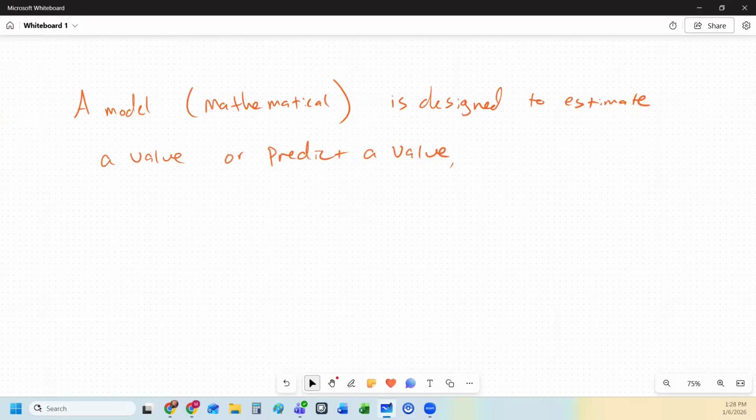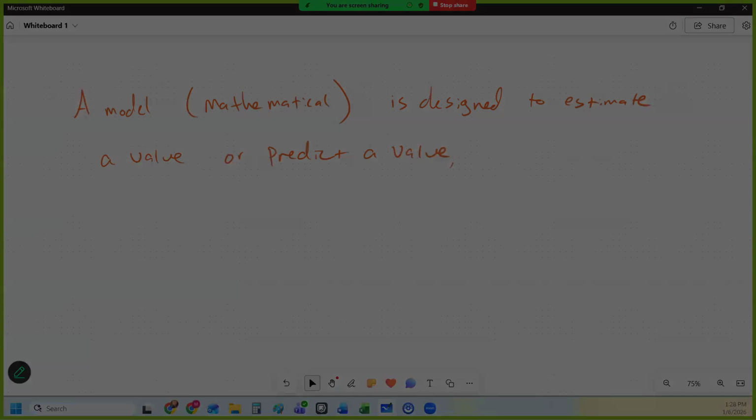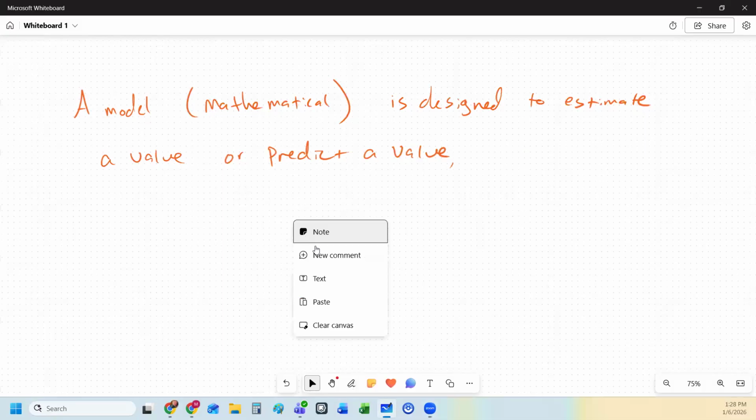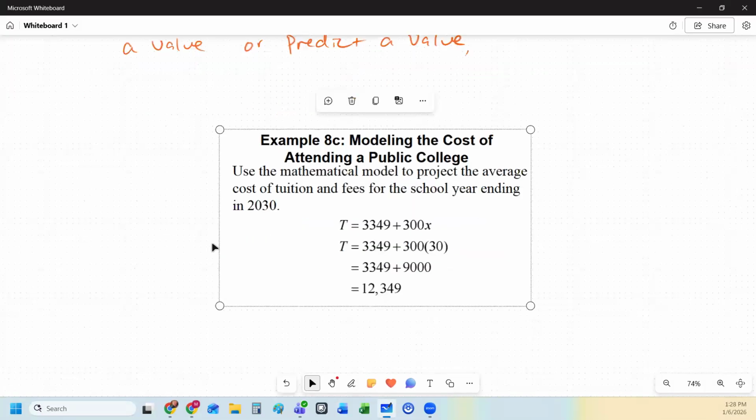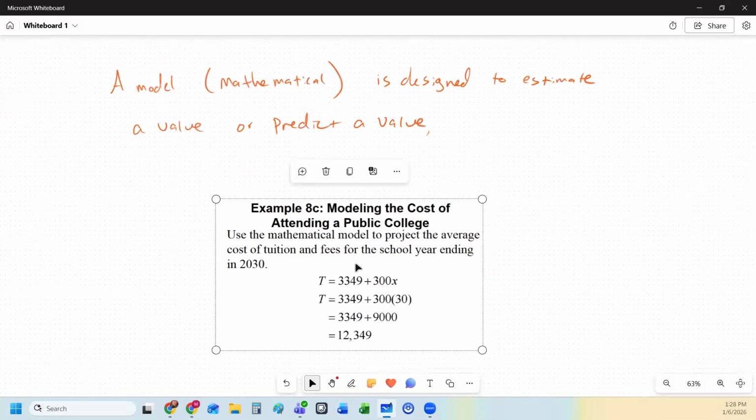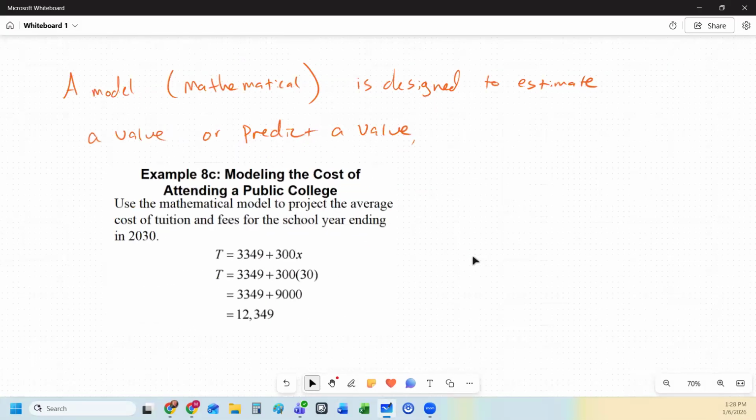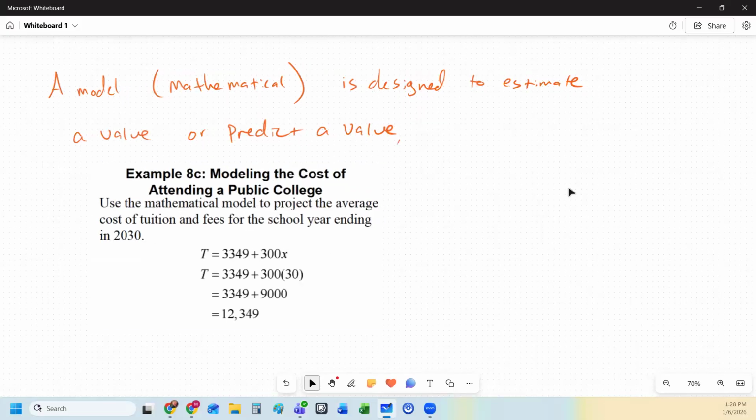For example, I have a model. This mathematical model aims to estimate or project the average cost of tuition and fees for the school year ending in 2030 at a public college.